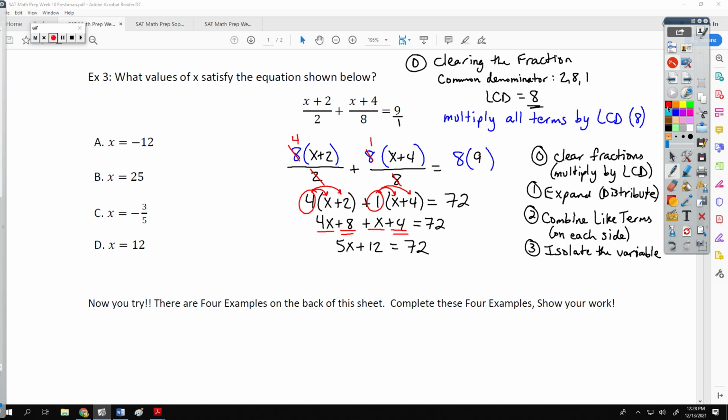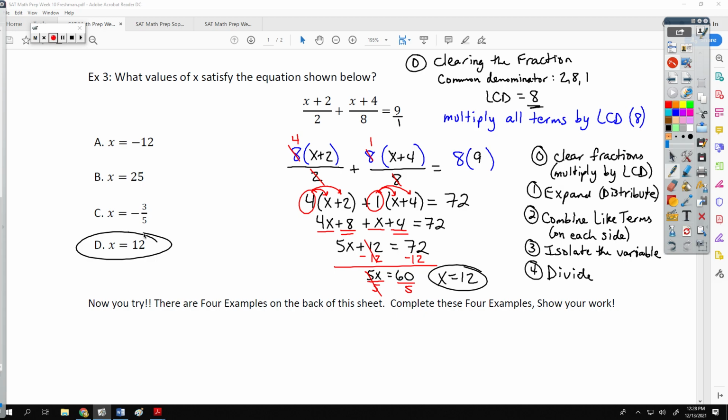So we would move the 12 by subtracting 12 from each side, and that would give us 5x equals 60, which leaves a one-step division problem where we need to divide each side by 5, and gives us x equals 12, which is answer D. So once again, this adds a step 0.